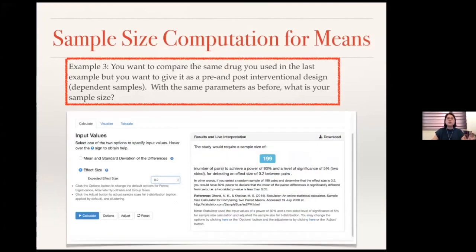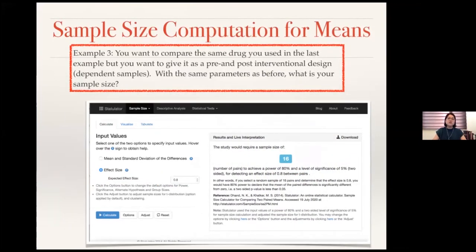If I want to detect an effect size of mababa lang, 0.2, then I need 199. Here, oh. Then I need 199. What if I want to see an effect size of 0.8? It's very high. So I only need 16. So why? It's the same logic as before.